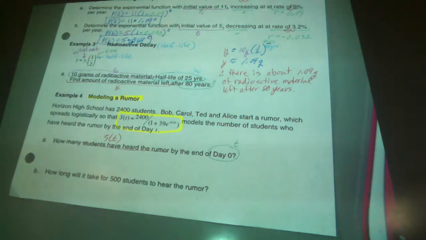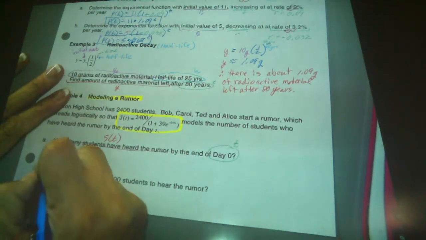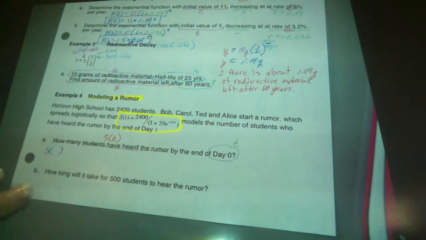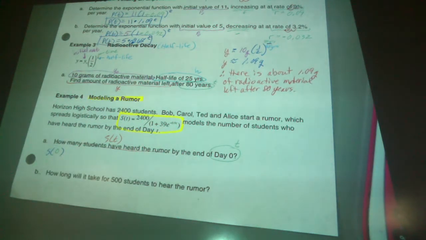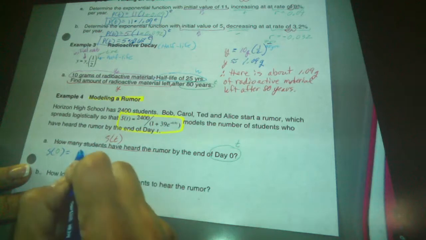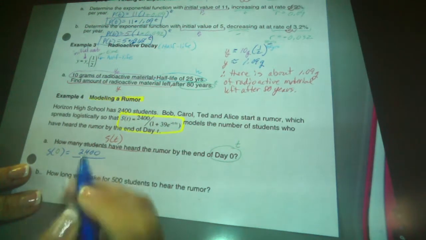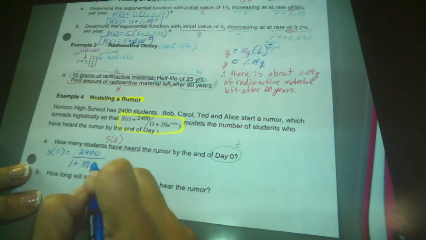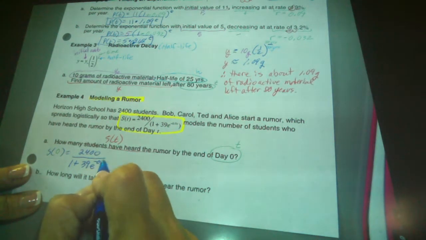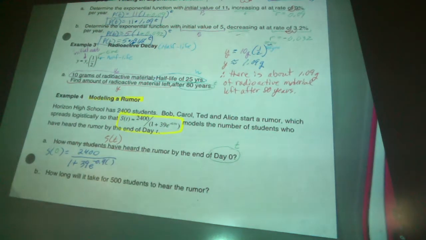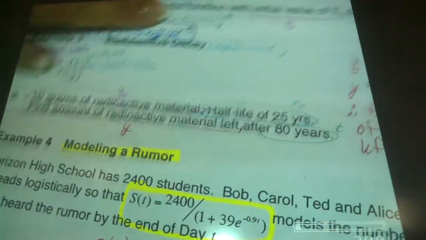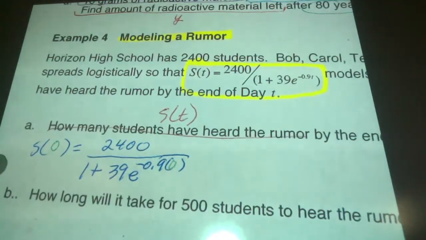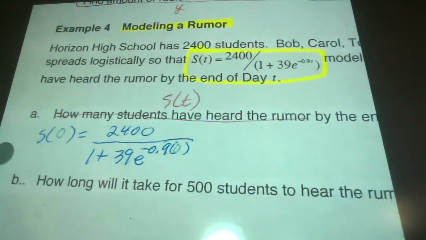S of T is your total amount of Y. So we're trying to find S of T. We're going to take our formula, S of, I'm plugging in 0 for T, and that equals 2,400 divided by 1 plus 39 times e to the negative 0.9 times T, which is 0. I don't even have to use a calculator for this one.